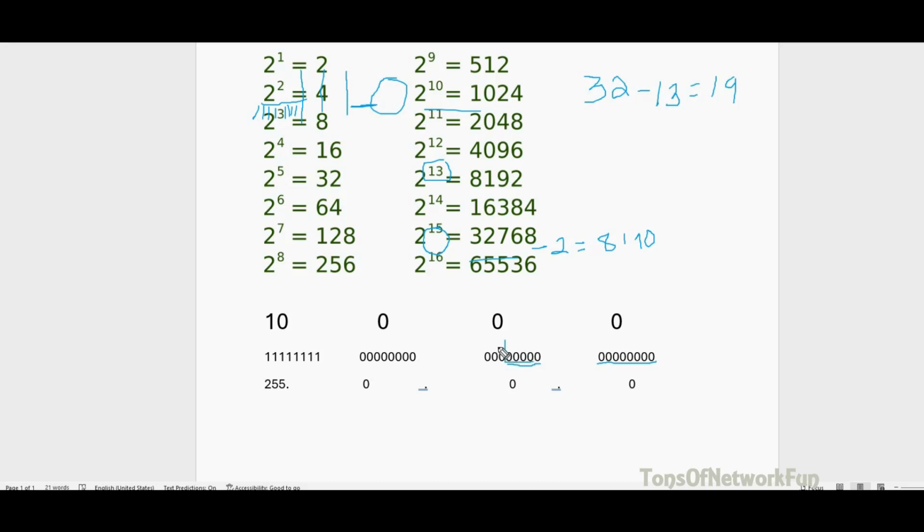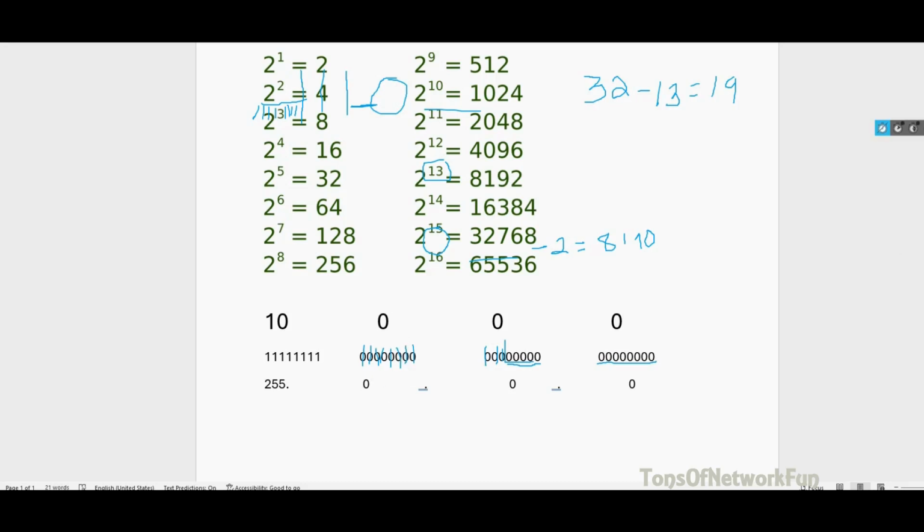The rest, the 3 bits from the third octet and the entire 8 bits of the second octet, we are converting to network bits.